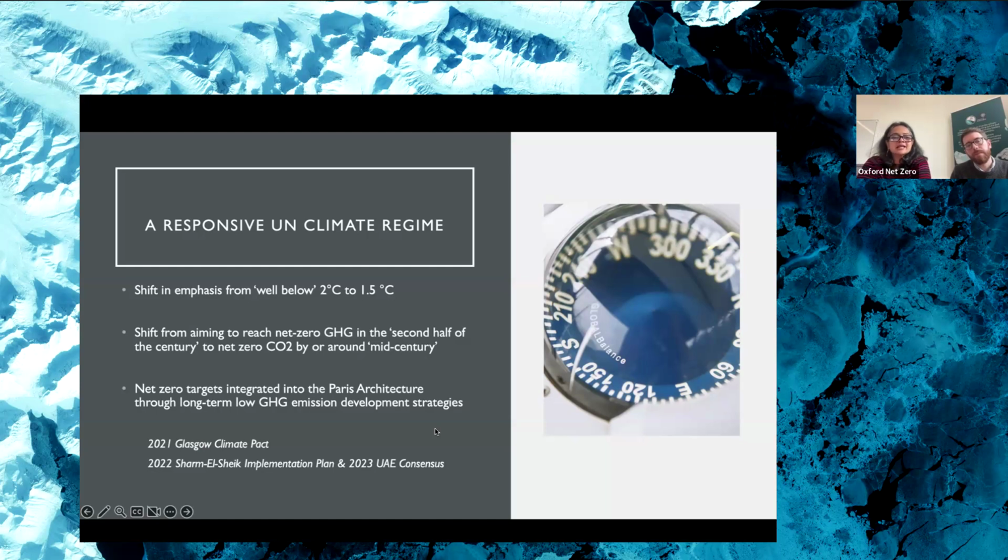And in Glasgow and subsequently, states were asked to integrate into these low emission development strategies net zero targets that they had. To date, about 75 long-term low-emission development strategies have been put in place.